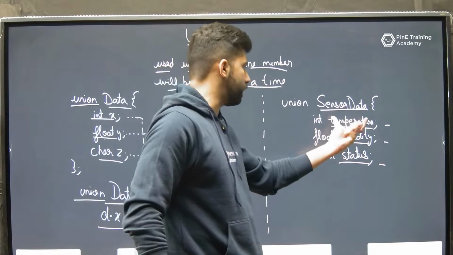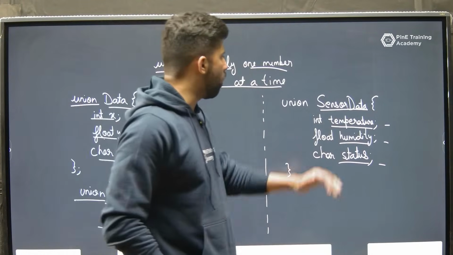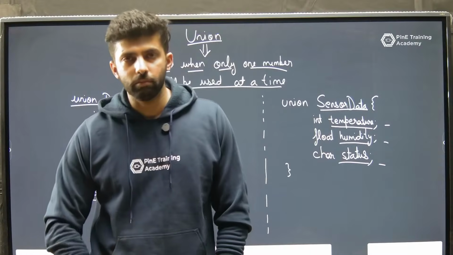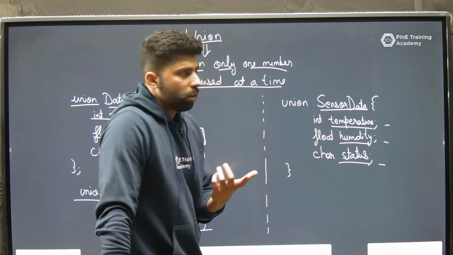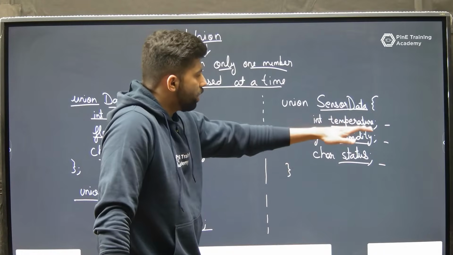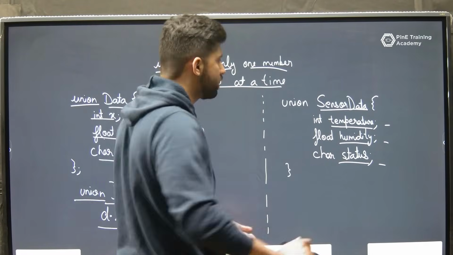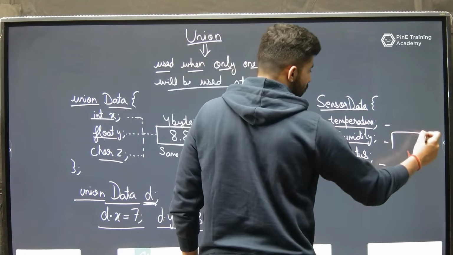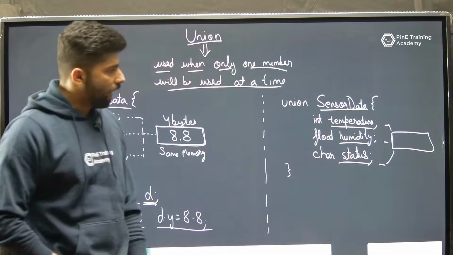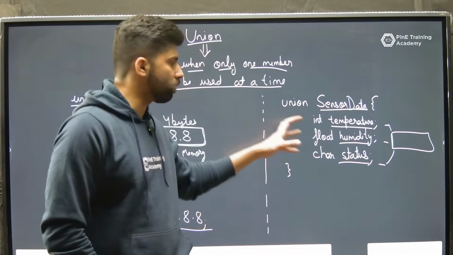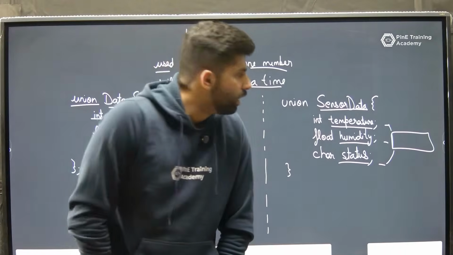For that, you don't need to store values in all of them. That will be a wastage of space. So instead of that, you create these as a union and they will share the common space, and that's how you can store the values, right?